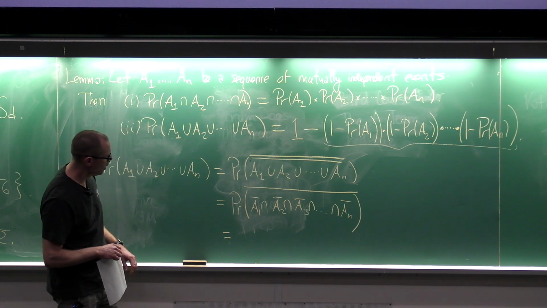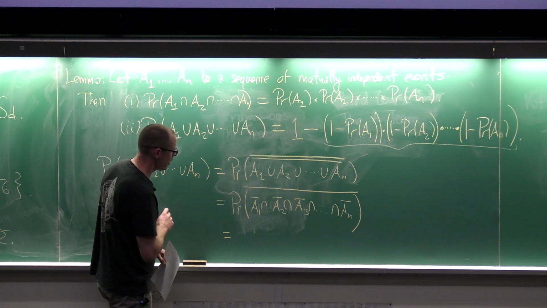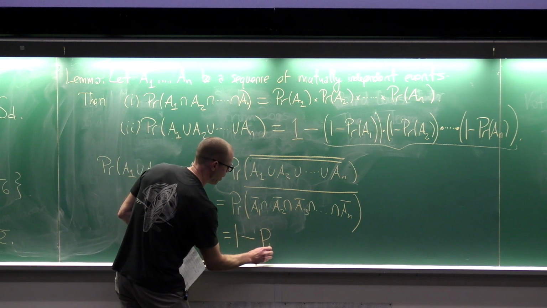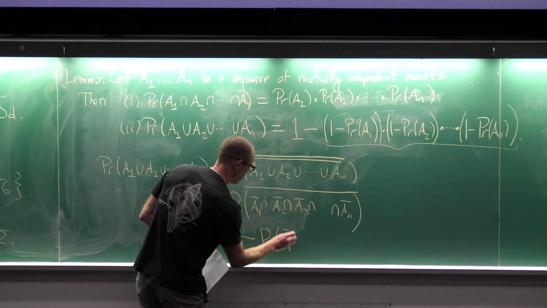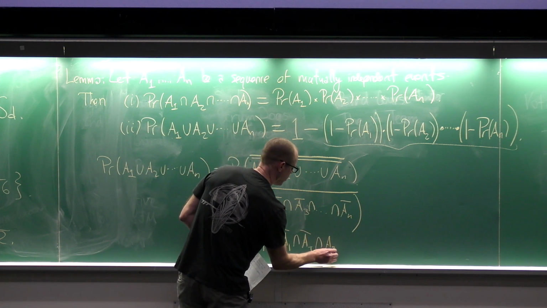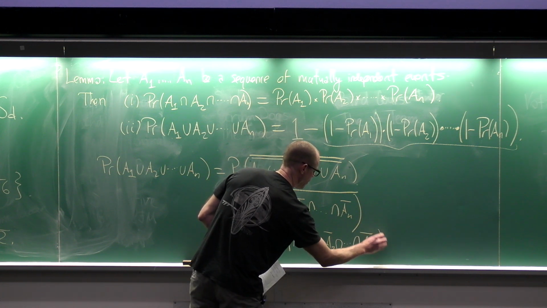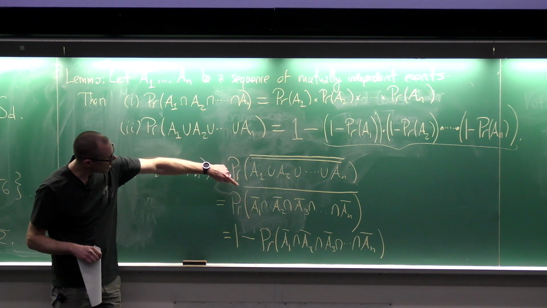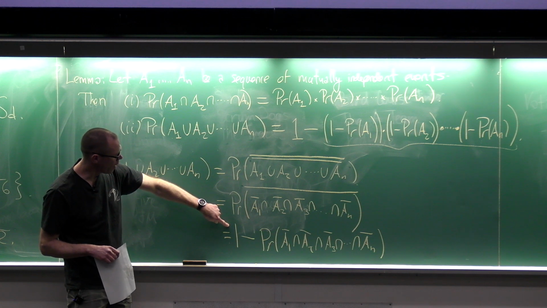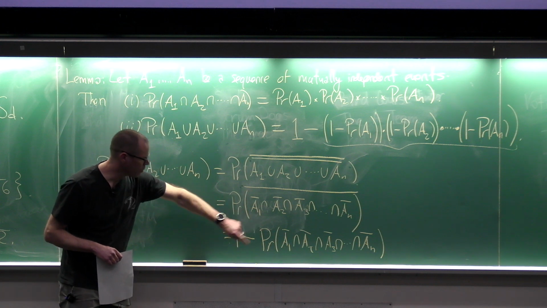What is this thing? We have a negation out here, so that's just 1 minus the probability of not A1 and not A2 and not A3 all the way up to not An. The probability of not this is 1 minus the probability of this.